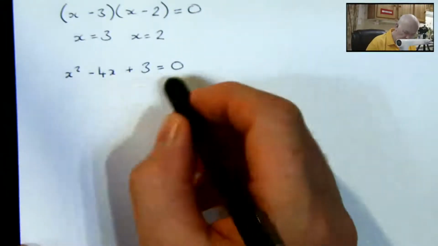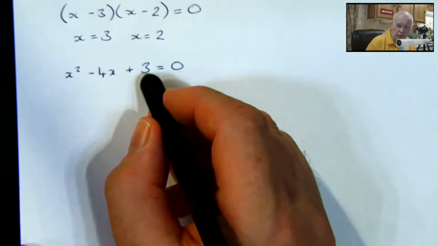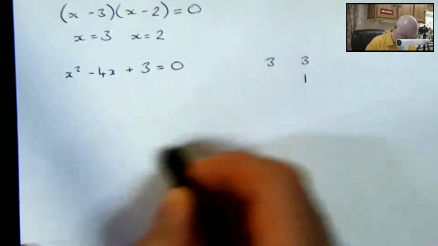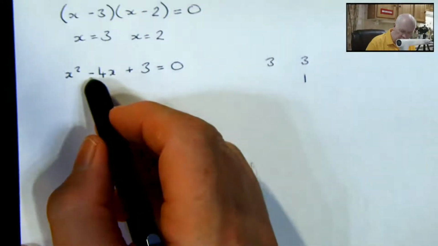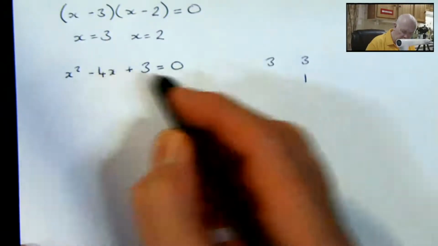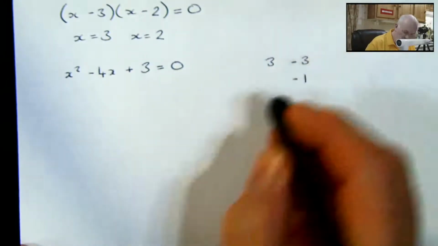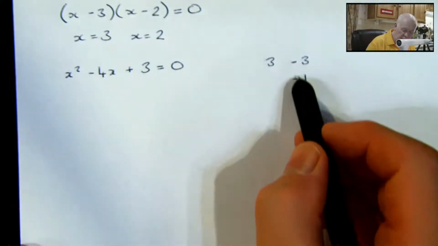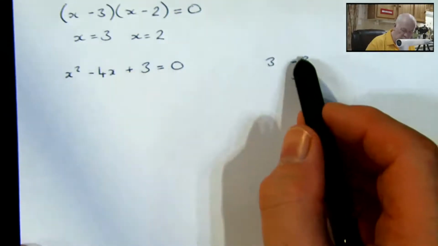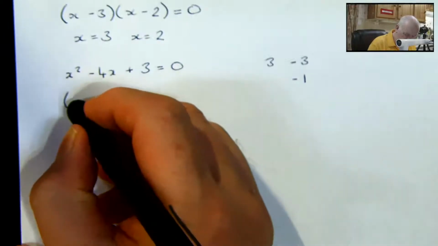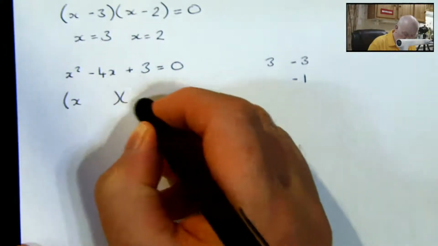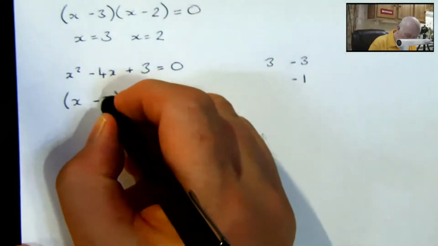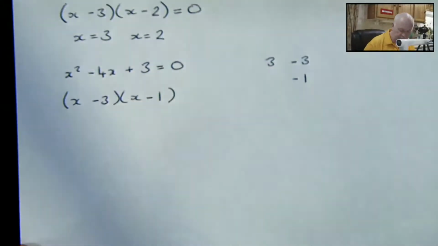So now I've got a factor of 3, and this can only be 3 and 1. This is positive, this is negative, so we've got to have both negative numbers because they're going to multiply together to make plus 3, and a minus times a minus is a plus, and we can add those up, which is going to give me my brackets of minus 3 and minus 1.